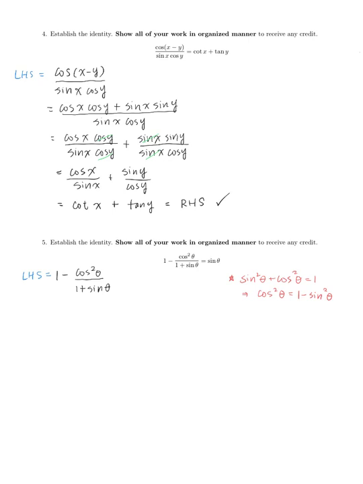Okay, so let me try to use this in place of cosine squared that we see here. And again, if it doesn't get us anywhere, then we'll just try something else, that's all. All right, so we got 1 minus cosine squared. Make sure to put this in the parentheses. 1 minus sine square of theta. Now whole thing over 1 plus sine of theta.